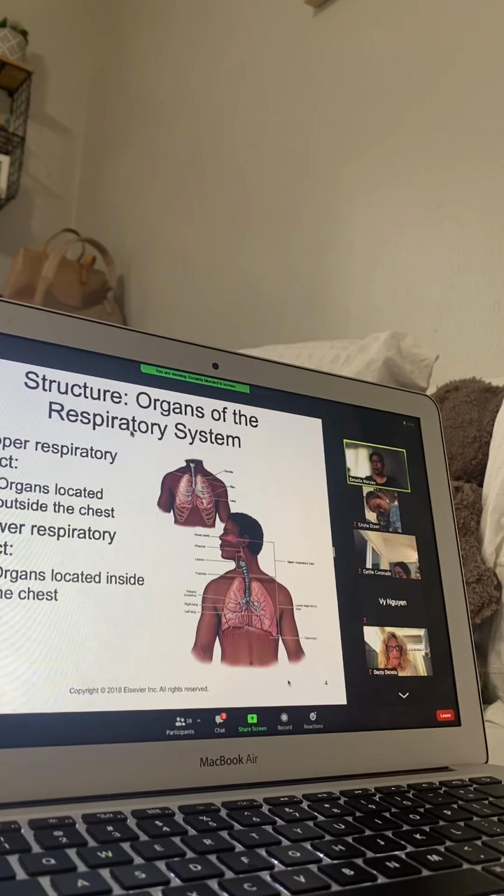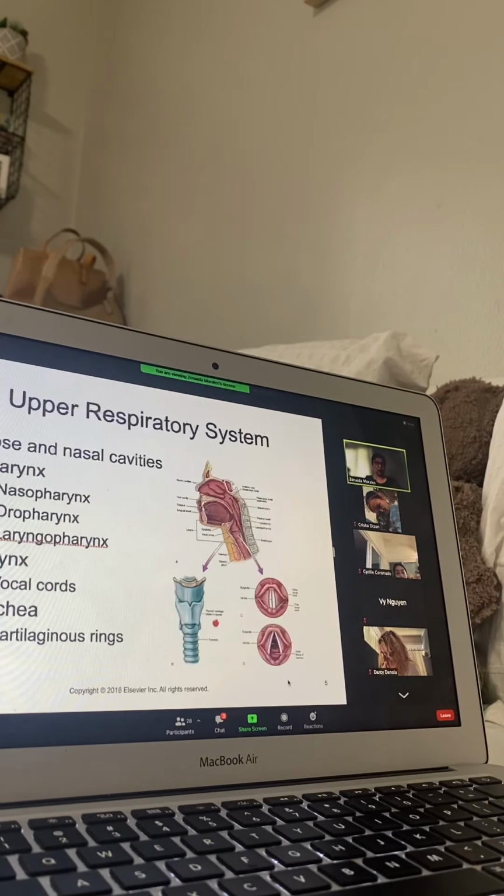So the respiratory system is divided into two: the upper respiratory and lower respiratory. Anything above your neck is your upper respiratory. Below your neck is your lower respiratory system. On the upper, you have your nose, nasal cavities, the pharynx, the larynx, and the trachea.